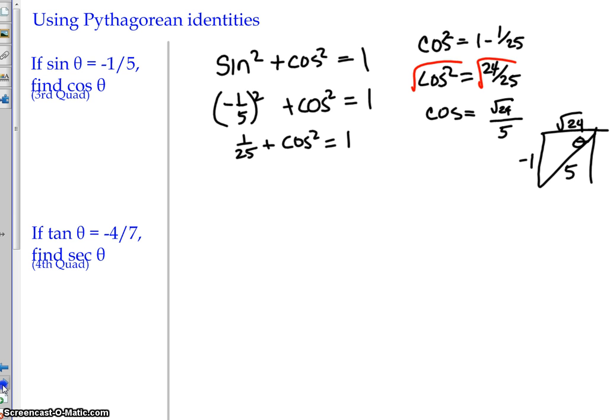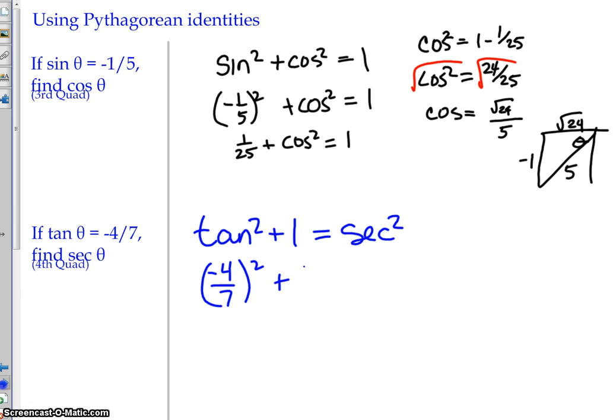Another formula that we've worked with is this idea that tangent squared plus 1 equals secant squared. Knowing this, my tangent 4/7 squared, add 1 to it, is going to equal my secant squared. Well, 4/7 squared is 16 over 49. I have to add 1 to that, equals secant squared.